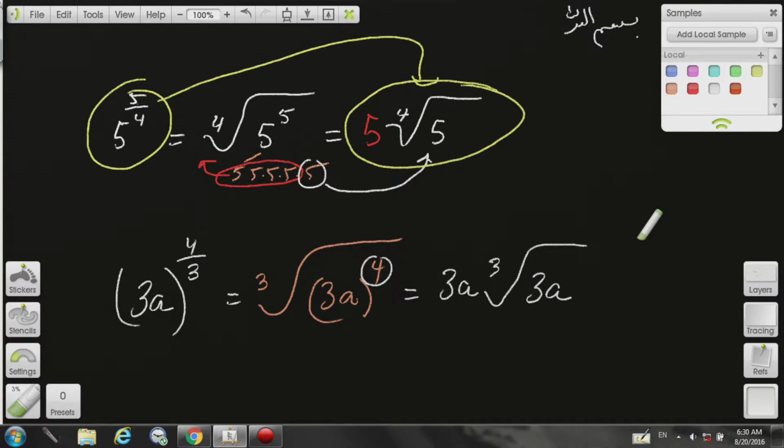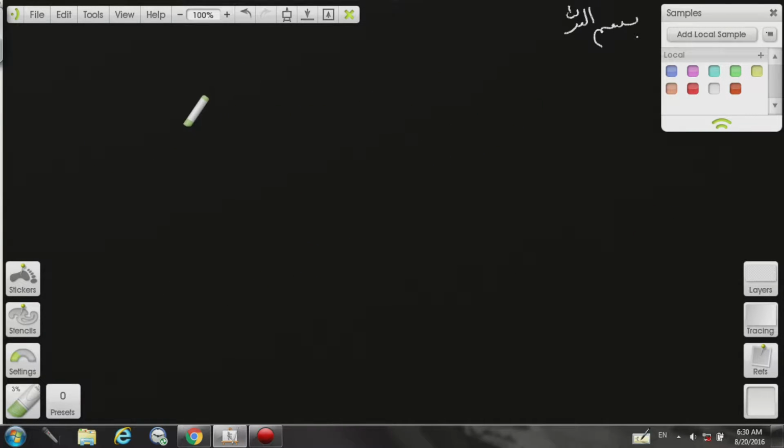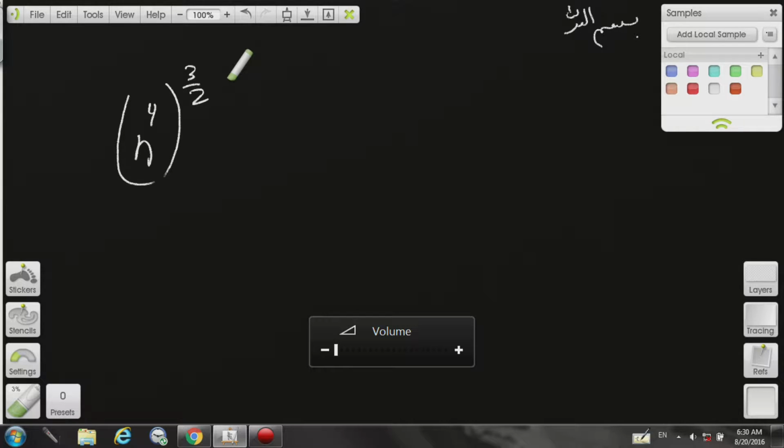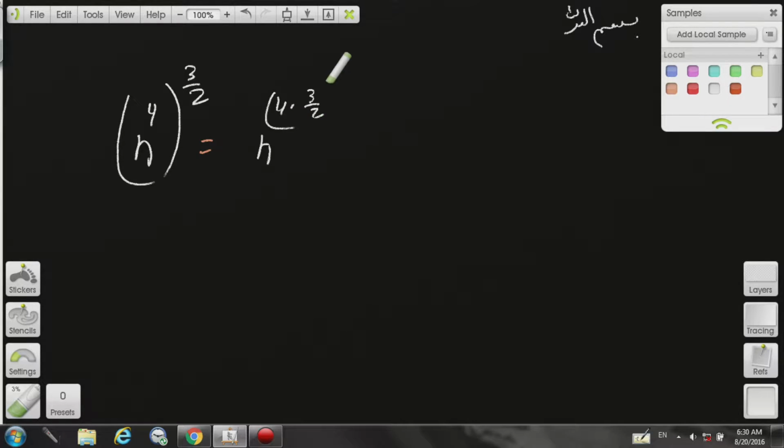Alright, let's do some more examples. How about this one? n to the 4th to the power of 3 over 2. We are supposed to write this in radical form. Those are the instructions. Well, here we can simply simplify. This is n to the 4 times 3 over 2.